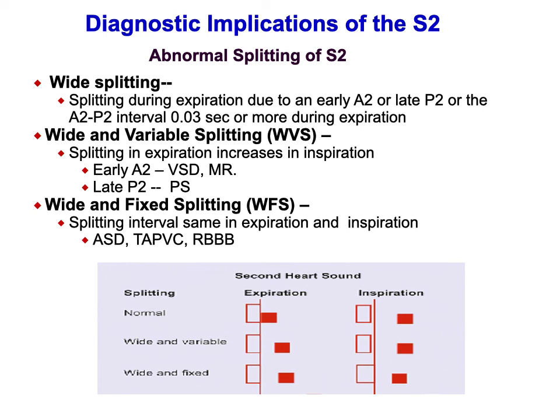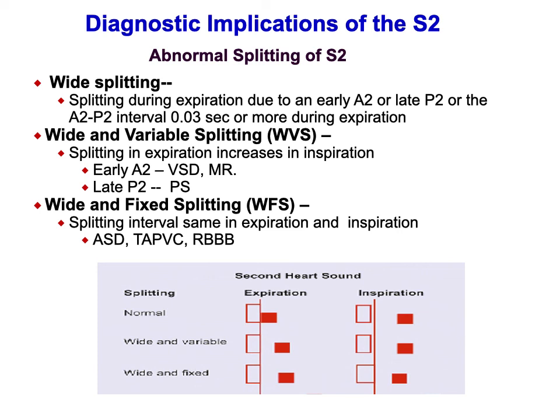Wide fixed splitting, as you know, is due to excess flow to the right atrium, and the right atrium becomes filled with blood both in inspiration and expiration, and there is no variability in the flow during inspiration and expiration.